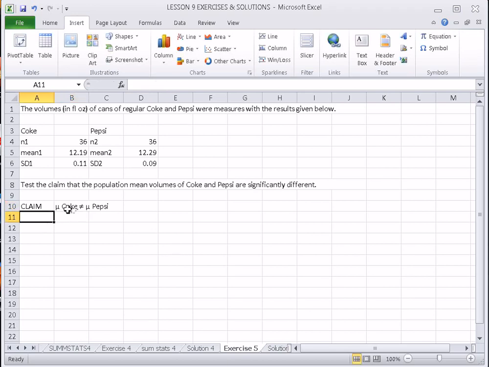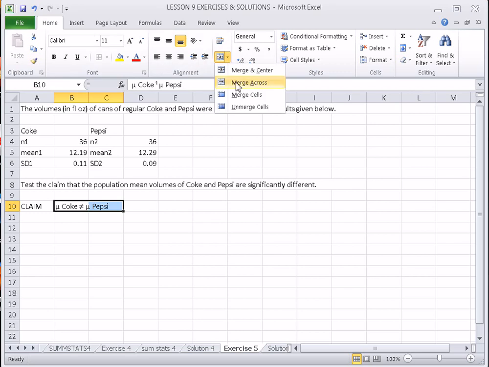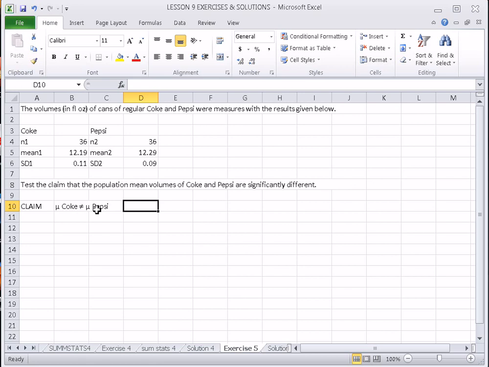The mean of Coke does not equal the mean for Pepsi, which is equivalent to saying that their difference does not equal 0. So let's write it in that equivalent way.